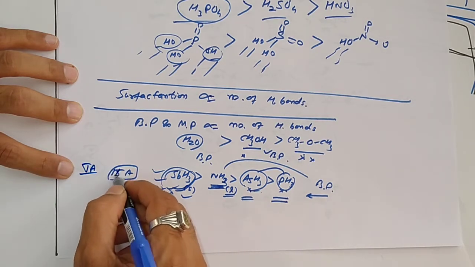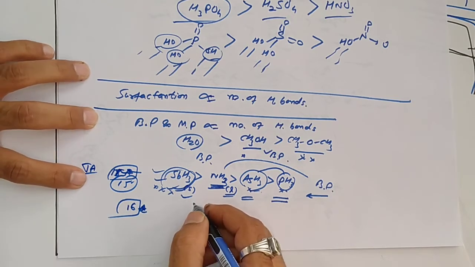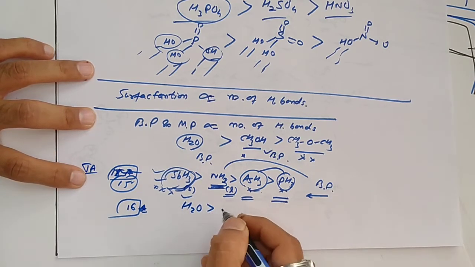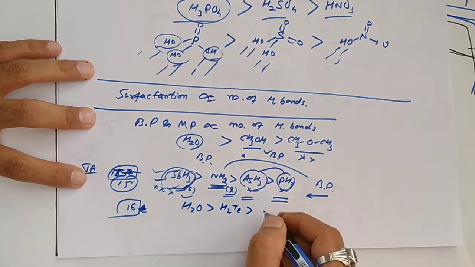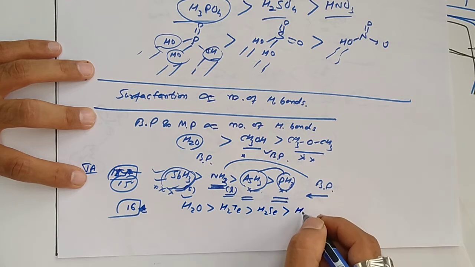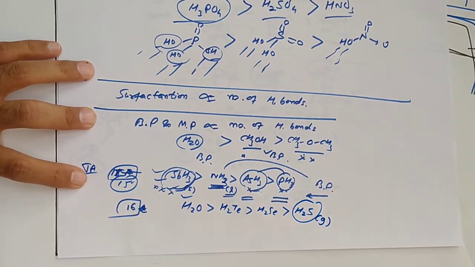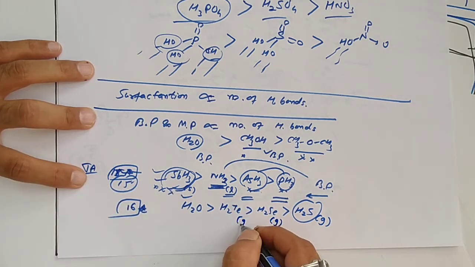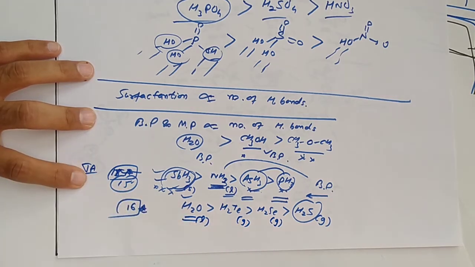Now group number 16. Group number 5A means group number 15. Hydrides of group number 16 are water, H2Te, H2Se, and H2S. H2S is actually a gas. These are gases, and water is a liquid due to hydrogen bonding, so its boiling point is higher.